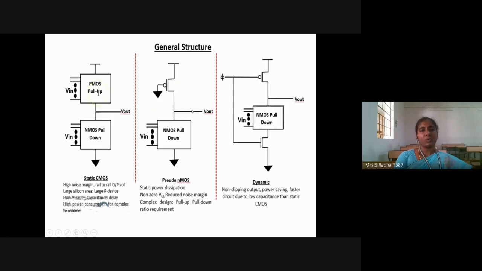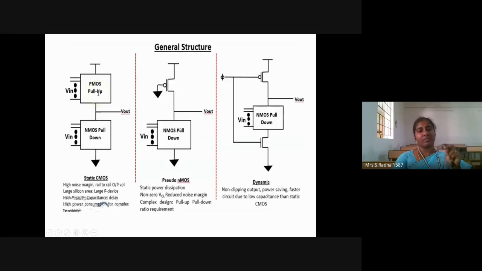We take the output at the same point, and we give ground to the gate of the PMOS transistor. Ground means logic 0, and the bubble here indicates active low. So whenever you give 0 volts at the gate terminal, the PMOS will switch on. So this is pseudo NMOS.